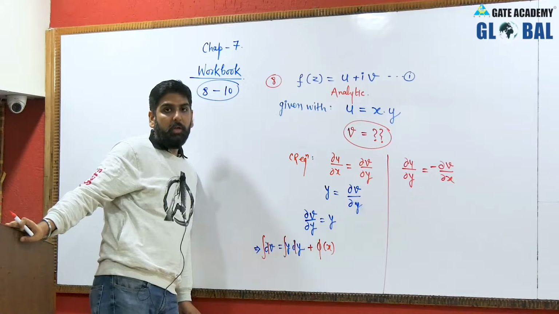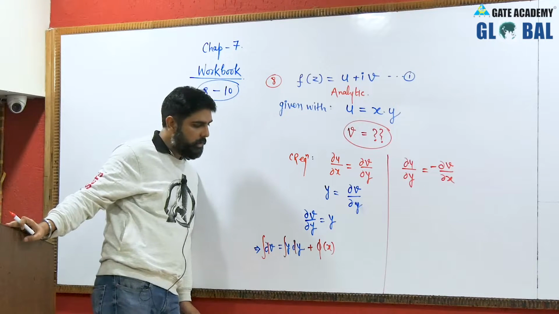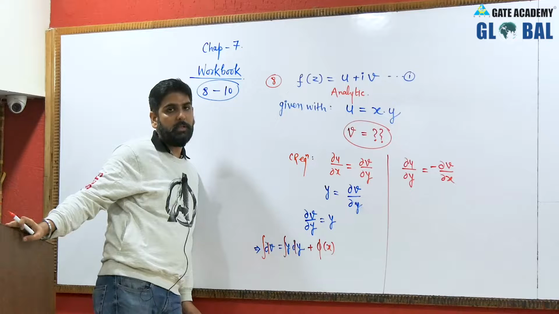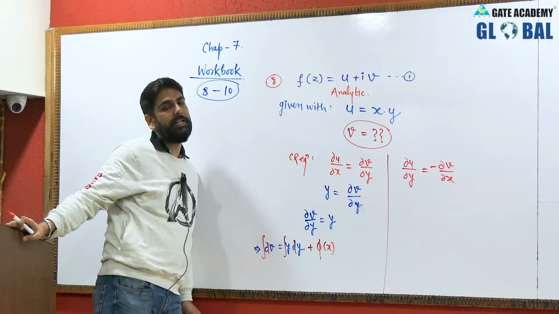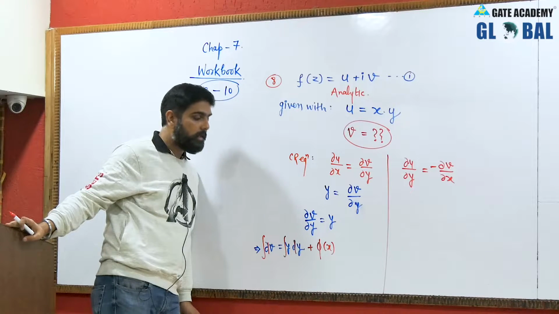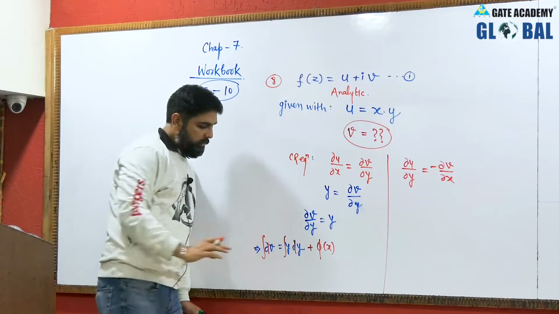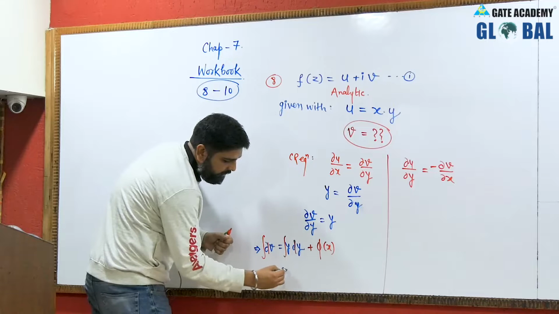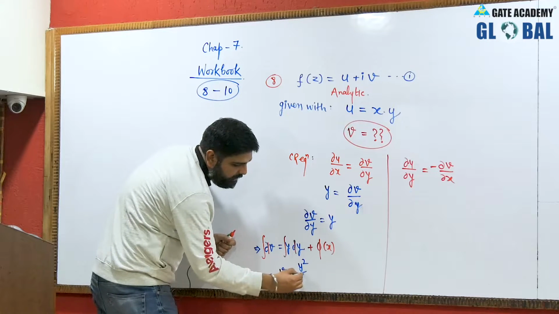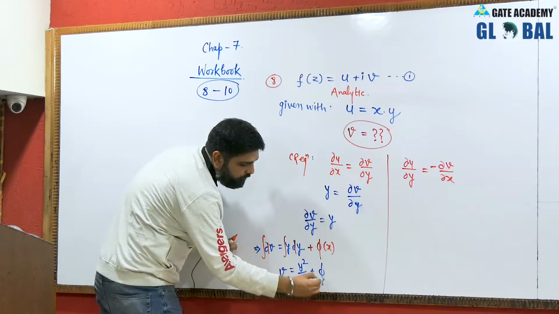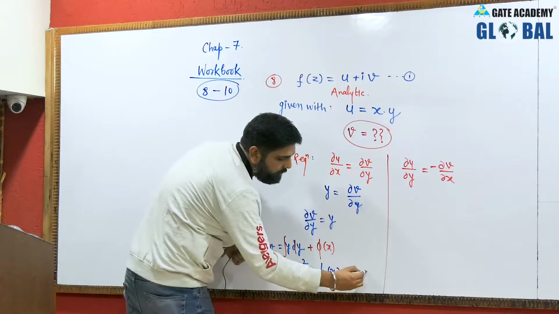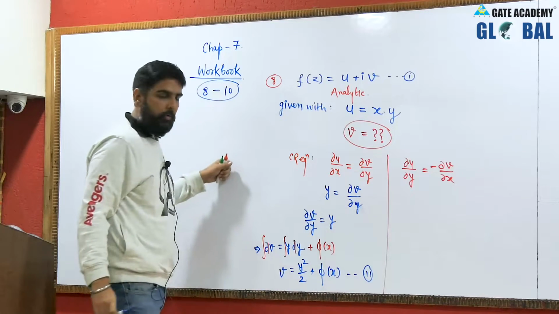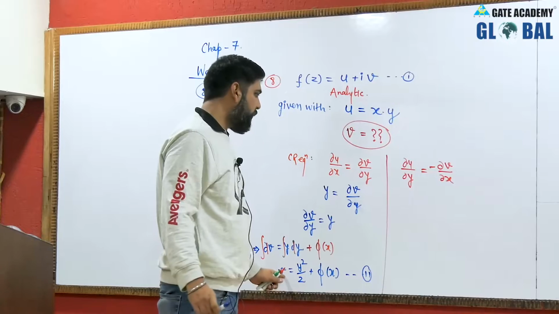Here we are only integrating with respect to y, so x is a constant. In the form of the integral constant, we should apply a function of x, that is phi(x). So the value of v is y square by 2 plus phi(x), equation number 2.